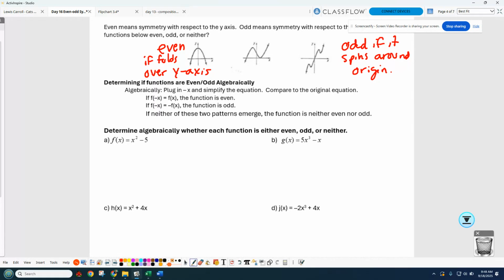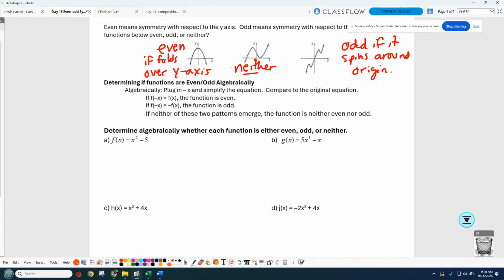Are the wiggles in the same spot when I turn it upside down? And if it doesn't have either one of those, we say it's neither. So graphically is easy. It's the algebraic part that's hard.